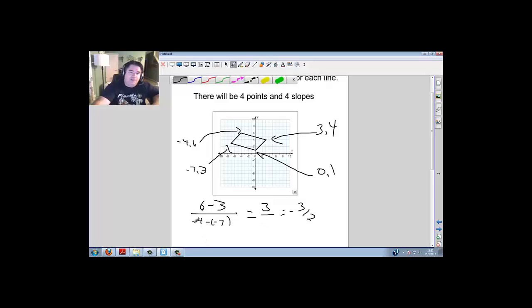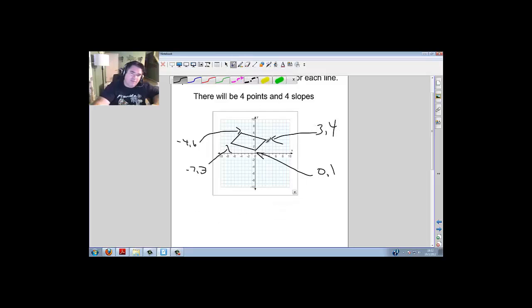So anyway, negative 4 minus negative 7 makes plus 7, makes positive 3. And now 3 divided by 3 is 1. So clearly we see now that my slope is 1, which actually makes sense because 1 over 1 is the same thing. Up 1 over 1, up 1 over 1, up 1 over 1, they all seem to work out. All right, well with that big mystery solved, let's try this side.